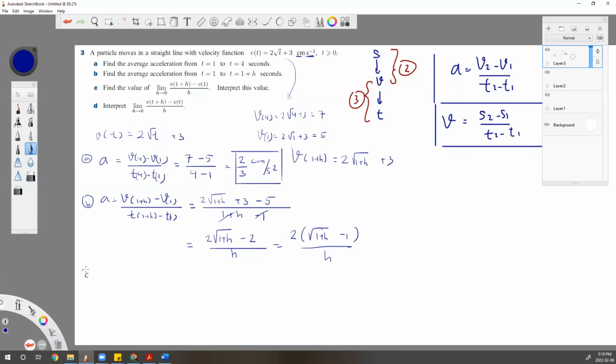So for question C, when H equals 0, how can we simplify this? When H is near to 0, if it is near to 0, we cannot cross any H at all, right?